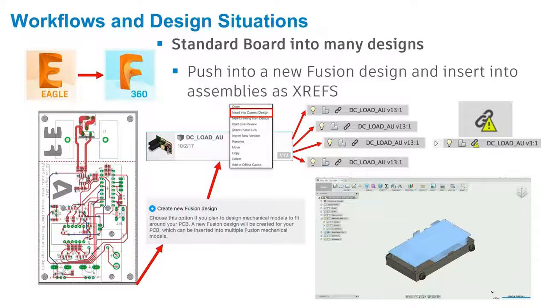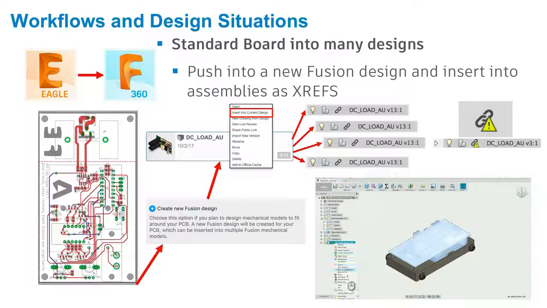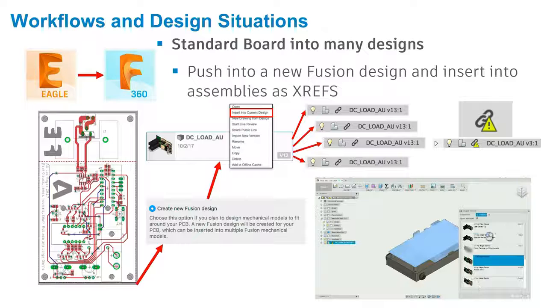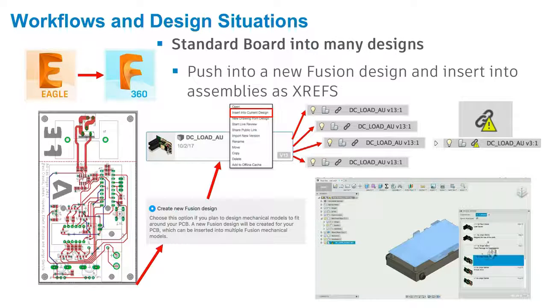One thing that's important to note, if you're not familiar with XREFs in Fusion, is that when we're using this technique, the mechanical assemblies and the board files do need to be saved in the same project at the highest level of the Fusion data panel hierarchy, because we can't maintain the link across projects.